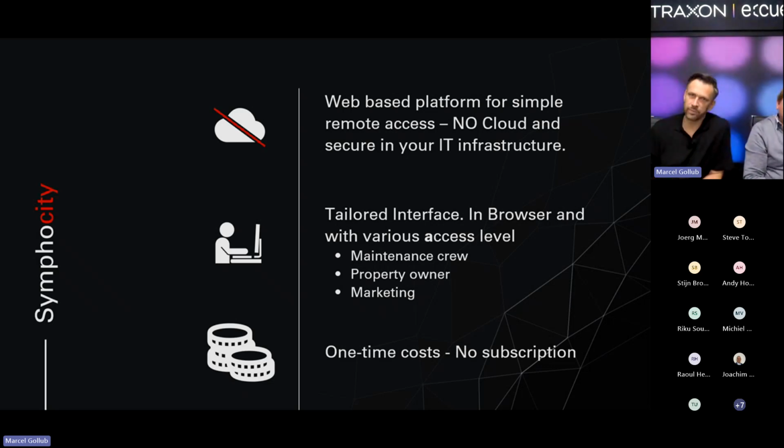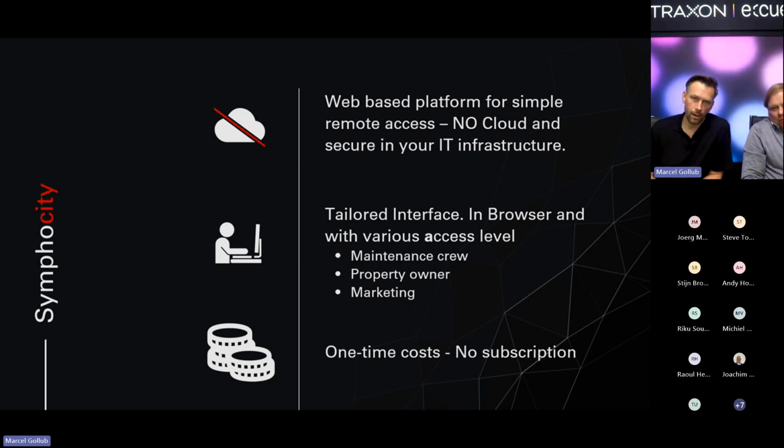So if they have a VPN, and mostly they have a VPN, then you can install it in the VPN. You have a very low data bandwidth for communication, so even with modem communication, it will work very well. It is a one-time purchase, so no recurring costs. So it's very interesting for most of our partner business.